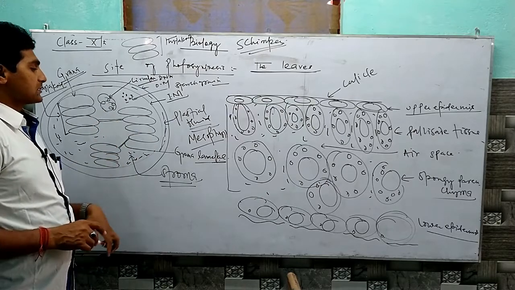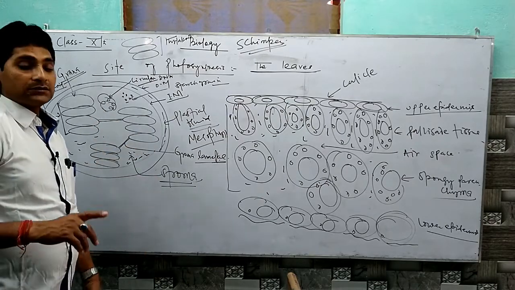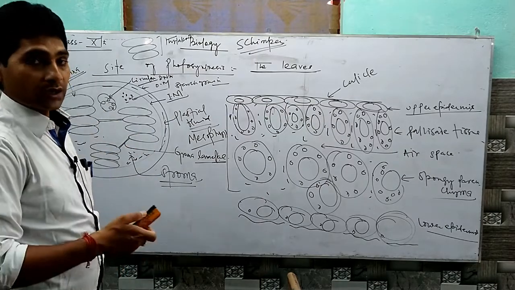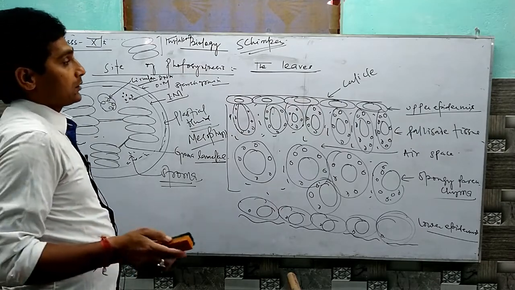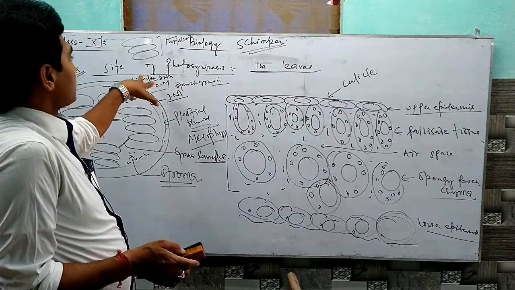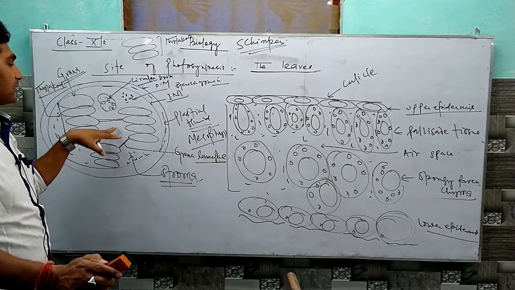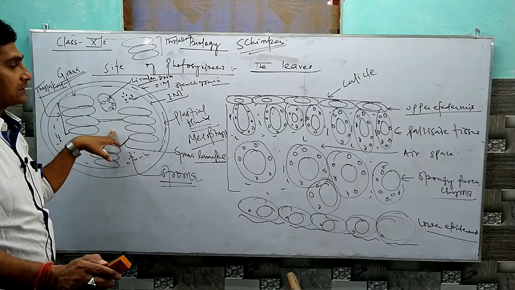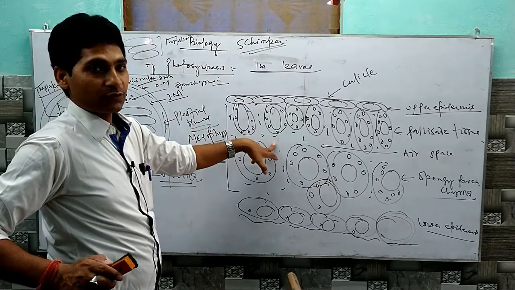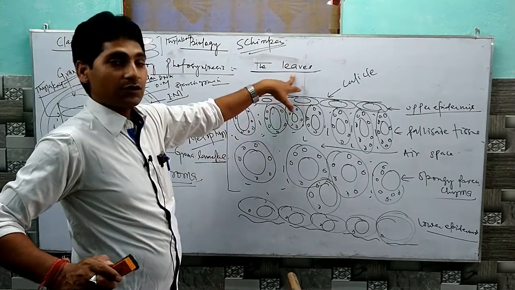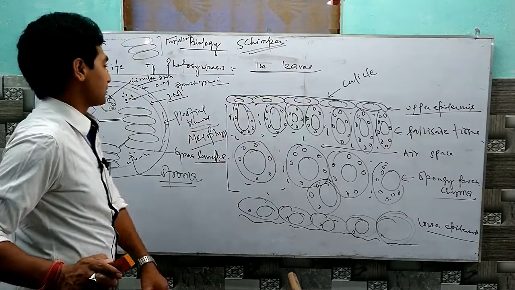This is the chloroplast, and the notes will be given to you daily. Then we know about the site of photosynthesis. Here photosynthesis occurs. This is the tissue and the organ where photosynthesis occurs in plants.